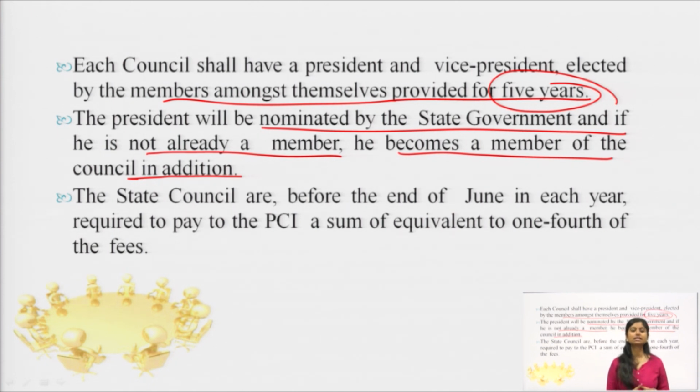The state council are, before the end of June in each year, required to pay to the PCI a sum equivalent to 1/4 of the fee. 1/4 of the fee, how?